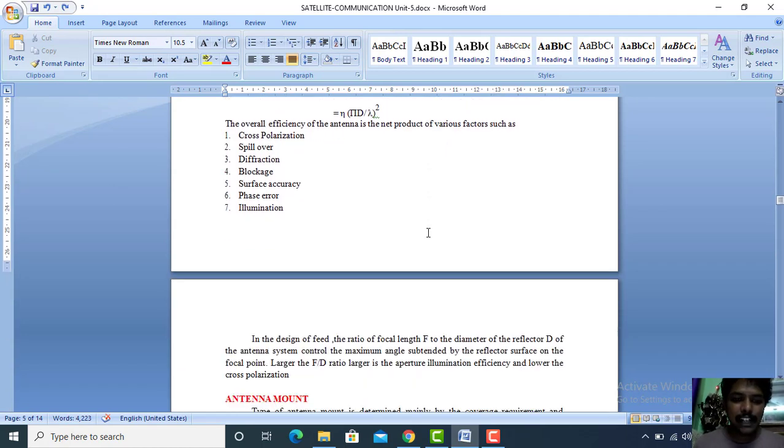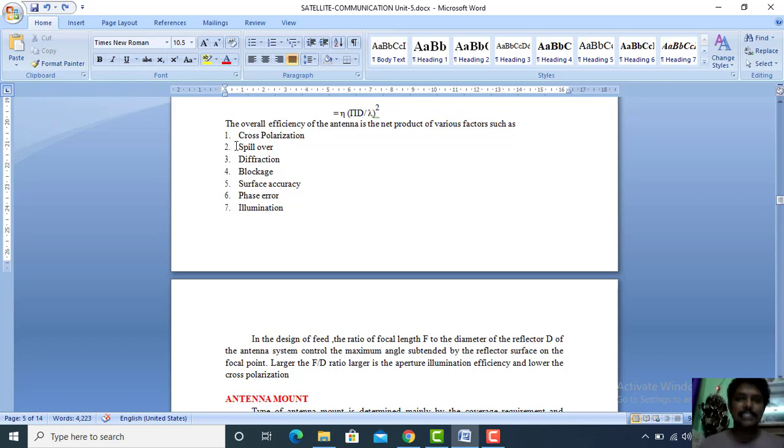Also, the overall efficiency of the antenna is calculated, which is in terms of the 7 factors that we are going to use: cross polarization, spillover, diffraction, blockage, surface accuracy, phase error, and illumination.